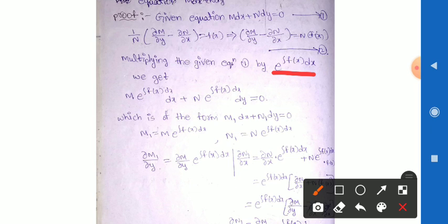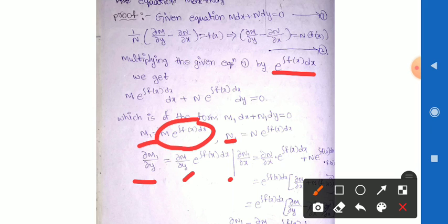Taking M1 and doing partial differentiation with respect to y, we get ∂M1/∂y equals ∂M/∂y times e raised to the integral of f(x) dx, since there is no y in the exponential factor.